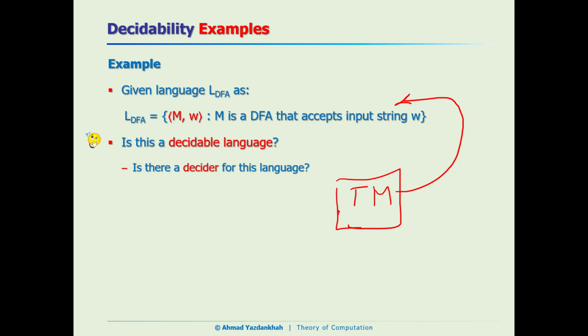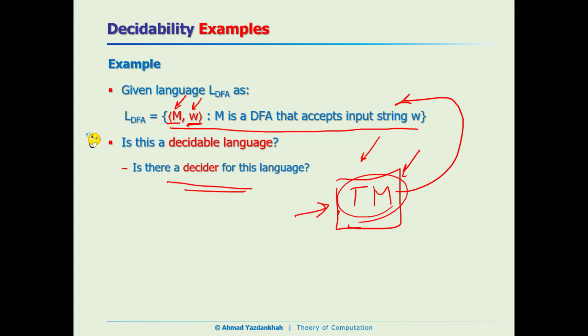If this Turing machine is going to understand these strings, it should be able to simulate this machine against this W. So we have to encode the DFAs and the strings, and create a Turing machine that can simulate the operation of this machine against this string. Now the question is, if we create this Turing machine, is it a decider or a regular Turing machine? I would say this Turing machine will be a decider.